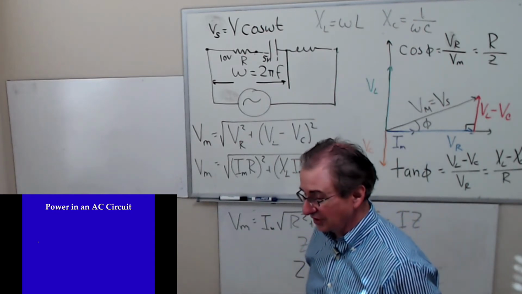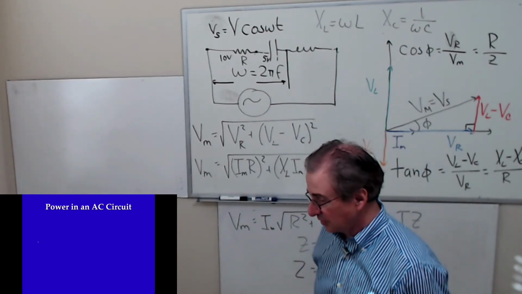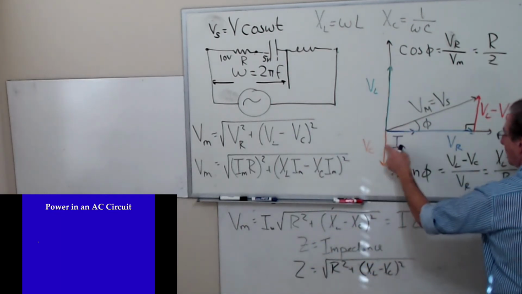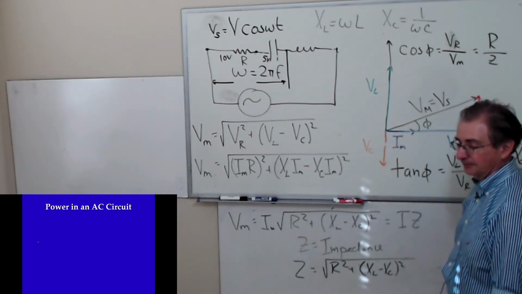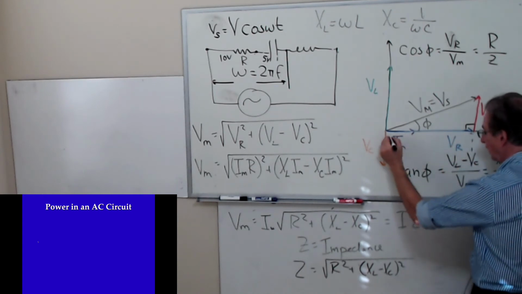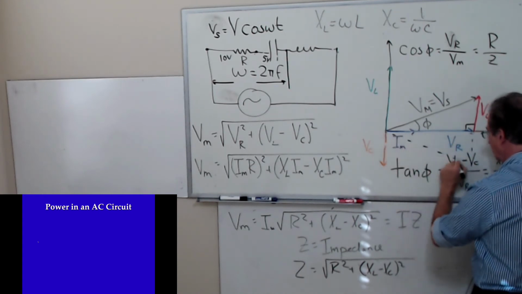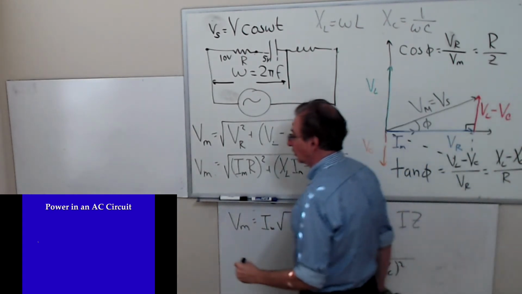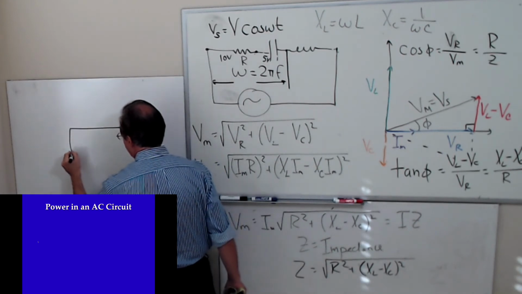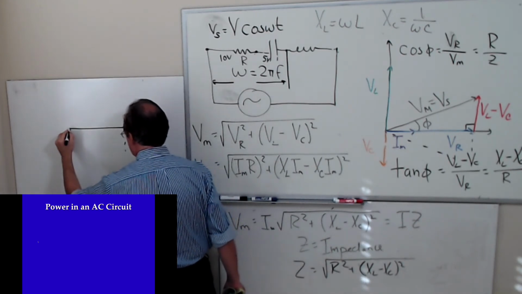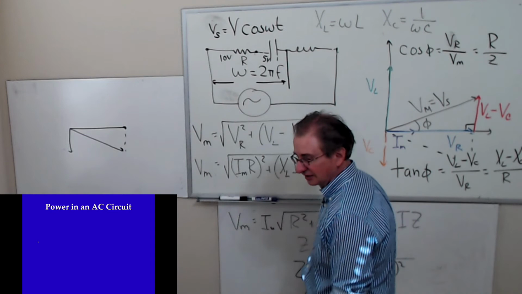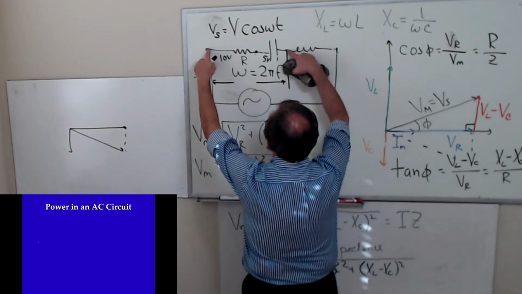The total voltage is not 15 because their voltages are not in phase with each other. In fact, their voltages are 90 degrees out of phase with each other. If I want to find the voltage across these two, I actually have to complete the triangle here. So if the voltage across the resistor is 10 volts and the voltage across the capacitor is 5 volts, then I have to use the Pythagorean theorem to calculate the voltage across these two together.